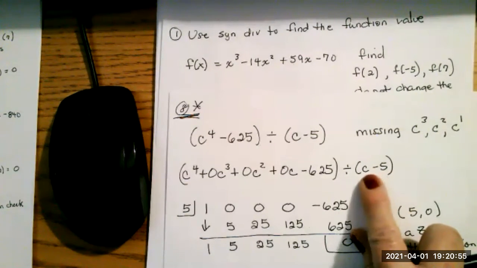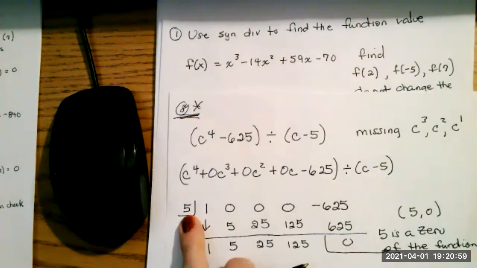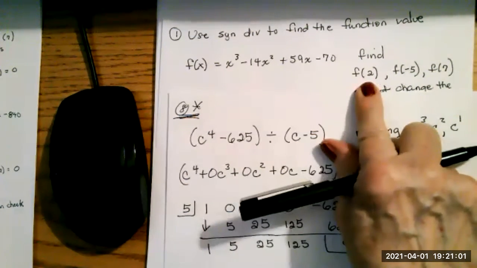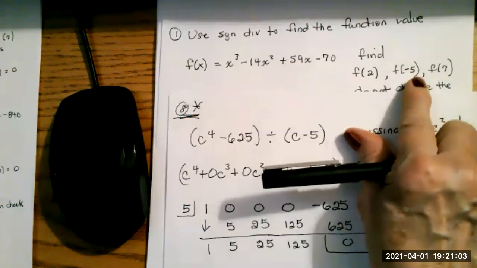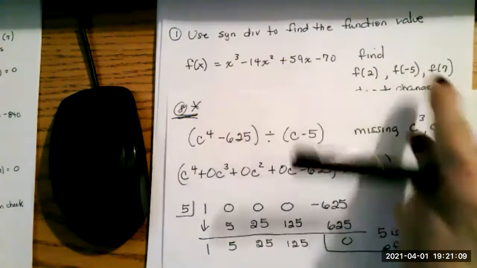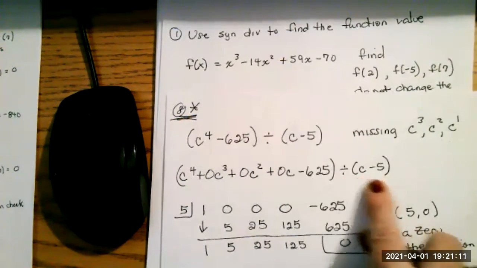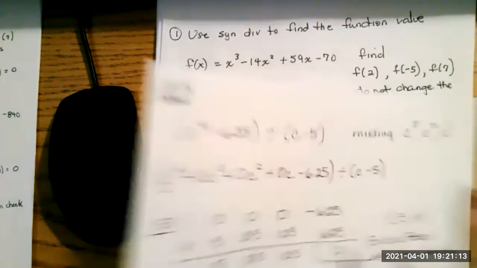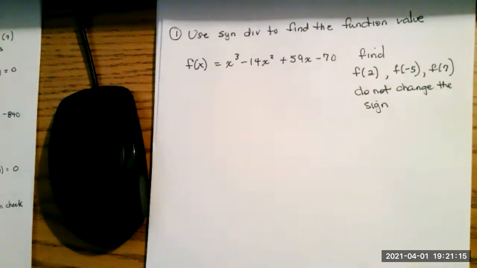This is your divisor here, x minus 5, and we changed the sign to go here. But these are finding the function value, f of x, in each case. So you don't change the sign when it's like this, but you do when it's written as a binomial. So don't get those two mixed up. There are two different reasons why you do that.